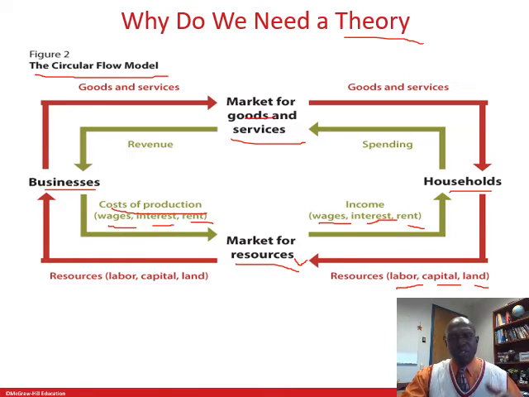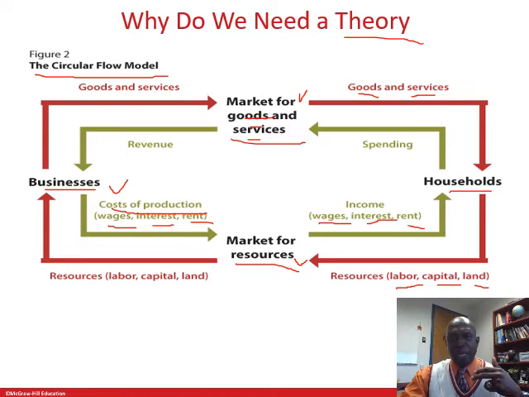Once the goods and services are produced, businesses take these products, for instance a car as a good, or services such as banking or education, to the goods and services market. Households will purchase these goods and services from business firms using the income they earn from the labor market.